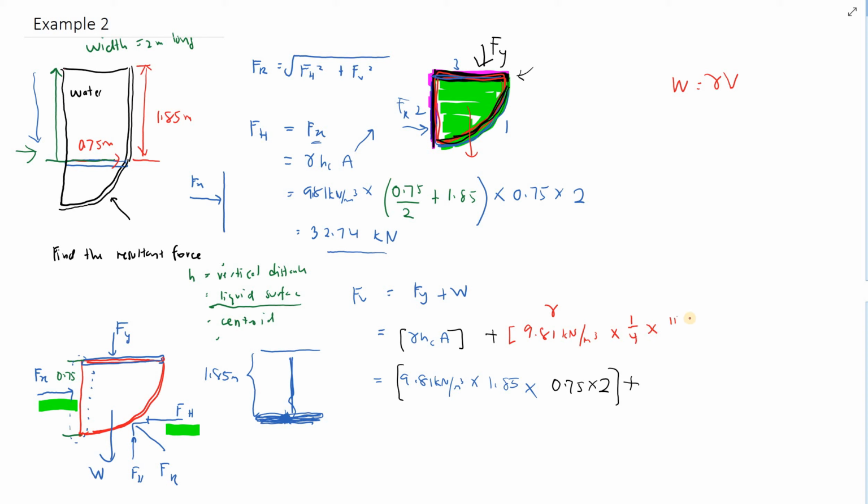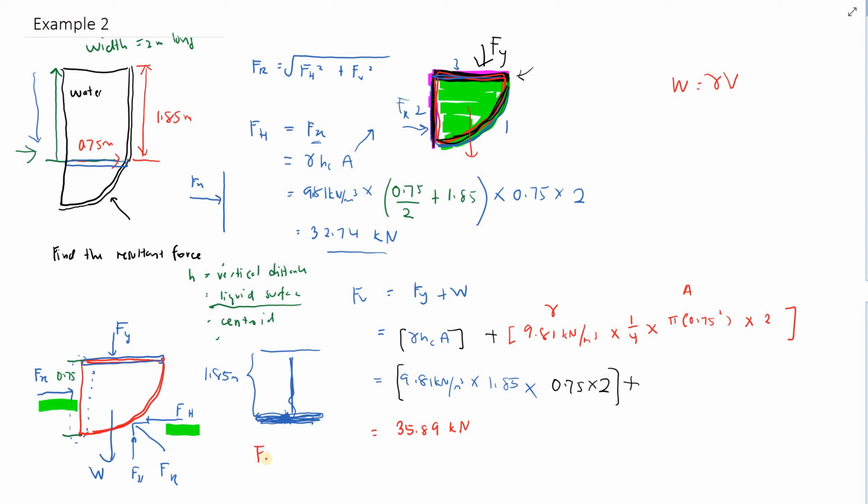So you have pi times 0.75 square, this is the A. To get a volume, you have to multiply by the length or the depth. The width depends on the perspective where you look at it. So 2. That will give you the W. With that, your FV is equal to 35.89 kilonewton.